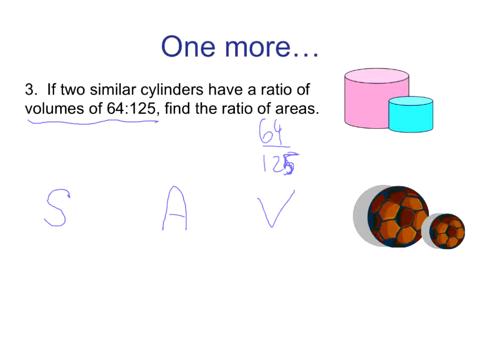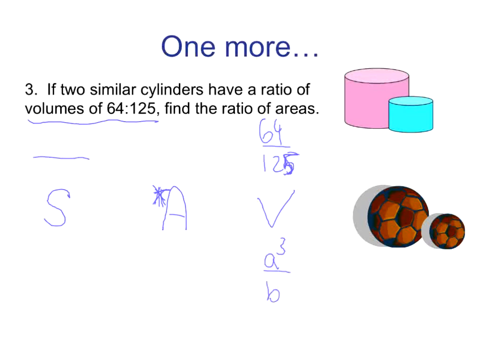Whenever you have problems like this, you're going to put an S, an A, and a V. You have to fill in what they gave you. This time they want to know the ratio of areas. They want to know this one. Boy, how do I go from volume back to area? Let me tell you, the easiest way to go is you have to go back to S first, then we'll go to our A. So, volume's cubed, right?